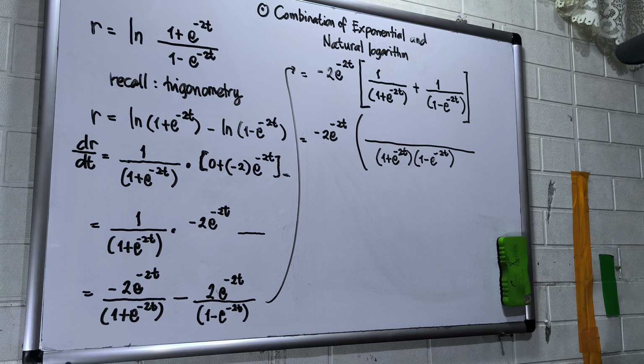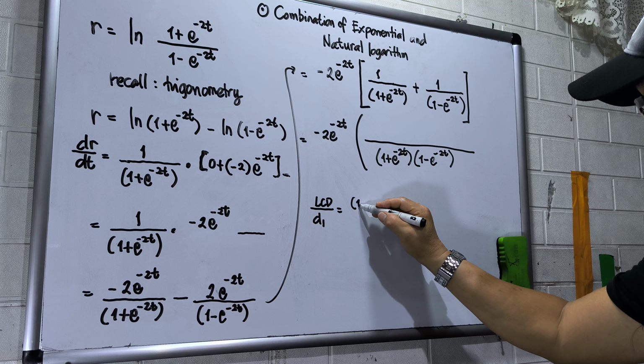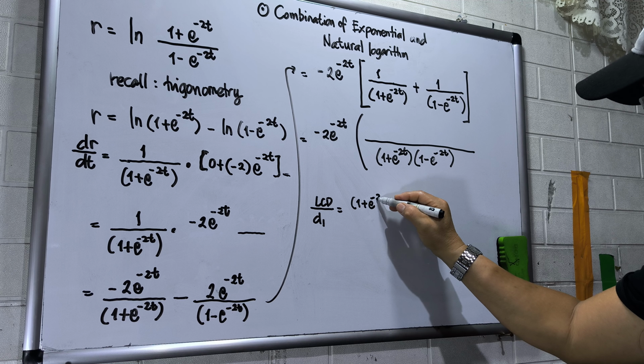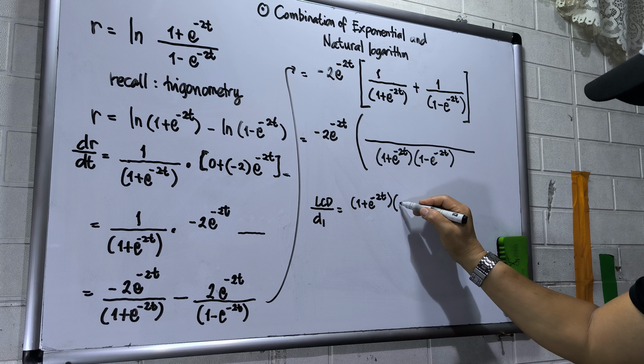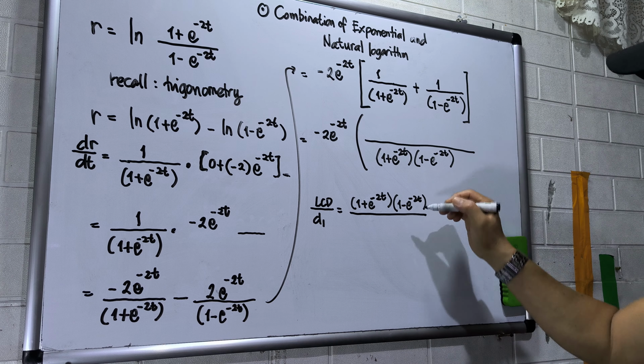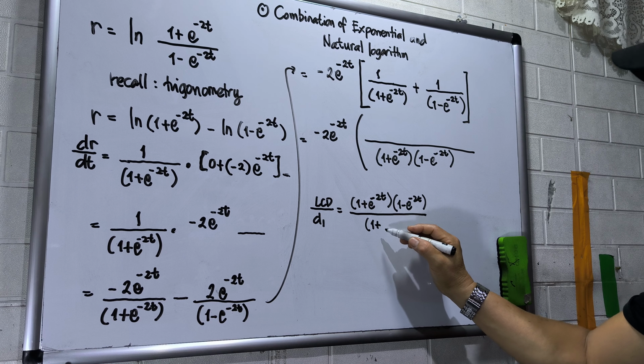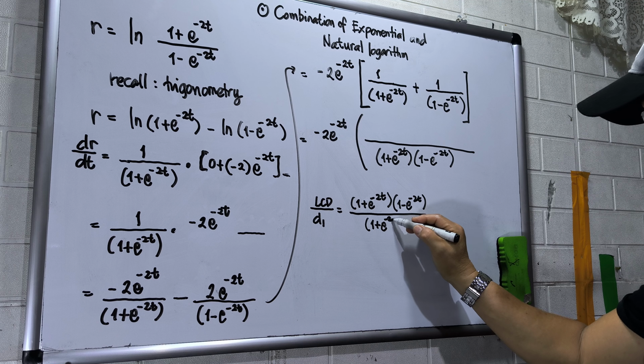Okay, so for the LCD, divide by the denominator. The LCD, (1 plus e to the negative 2t) and (1 minus e to the negative 2t), is divided by the first denominator. So this will be (1 plus e to the negative 2t).